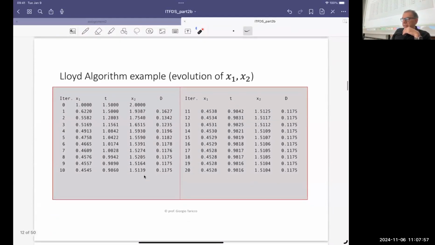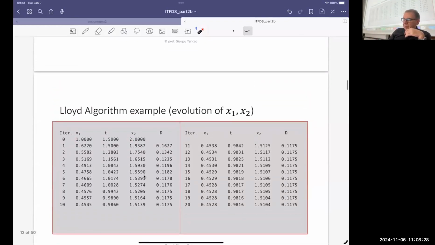And this is how the Lloyd algorithm works for this example. We start with a specific configuration of x1, x2, and the threshold T at iteration 0, which I chose somewhat arbitrarily, equal to 1, 1.5, and 2.